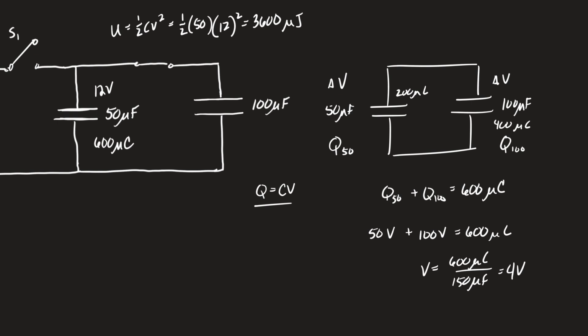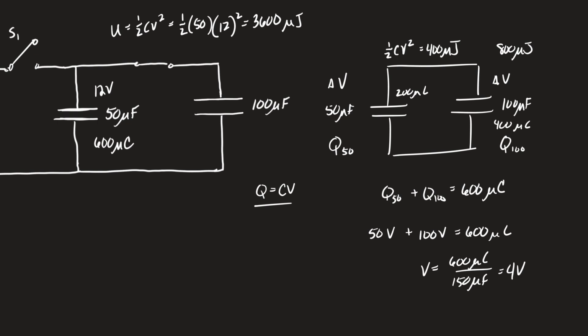Do we have that many microjoules after the charges flow and we re-equalize? When I worked it out, the answer is no. I did 1/2 CV squared here and got 400 microjoules. And over here, I got 800 microjoules. This does not equal 3,600 microjoules.